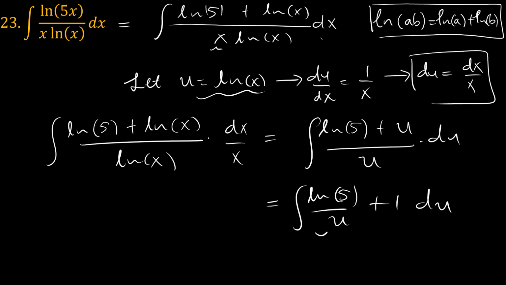So integrating this and integrating this separately, we get natural logarithm of 5 times the natural logarithm of u plus u plus the integration constant. So that's the answer. But we said u equals the natural logarithm of x, right?